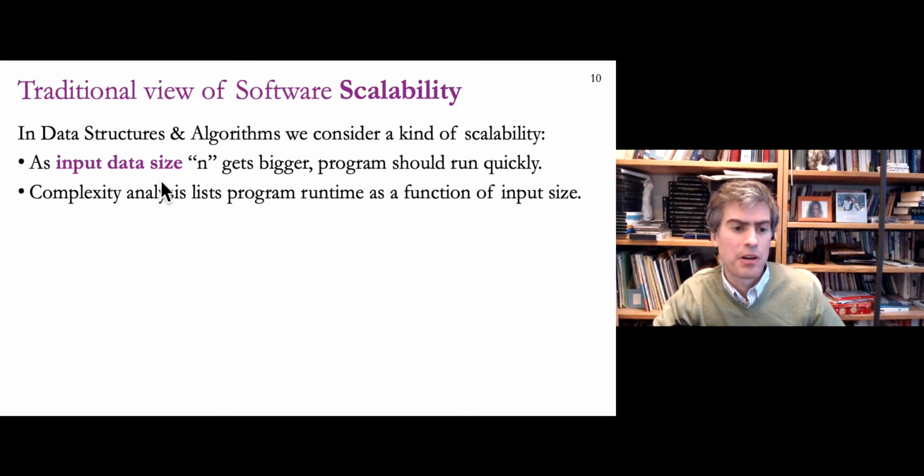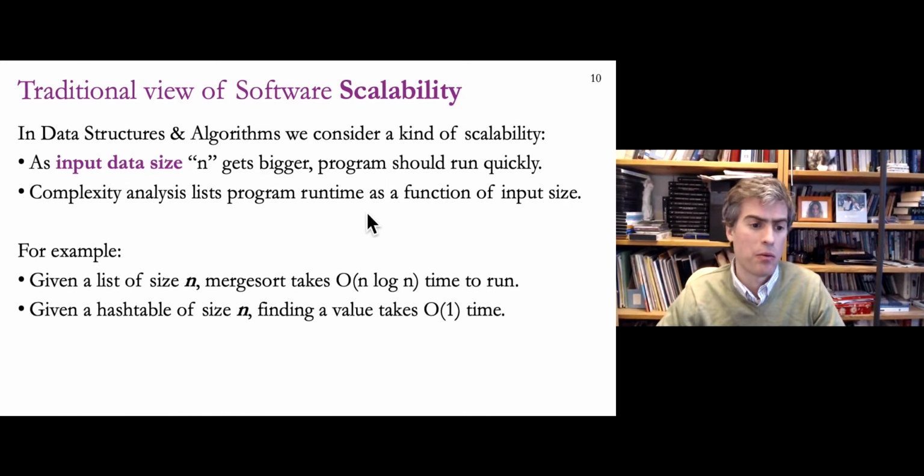As this n gets bigger, as input data gets bigger, we want the program to run quickly. And we measure the relationship between the program runtime and input data size with complexity analysis, which you've probably seen with big O notation.